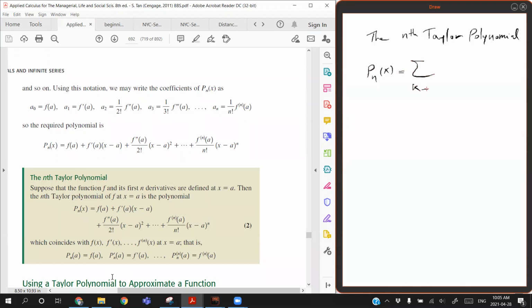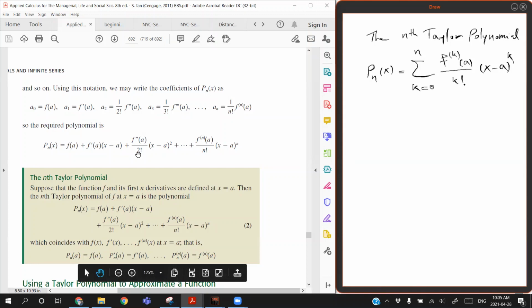It's sigma k from 0 to n, f^(k)(a) over k factorial, times (x minus a) to the power of k. So this is called the nth Taylor polynomial formula, and the goal of this is to approximate a function using polynomials.